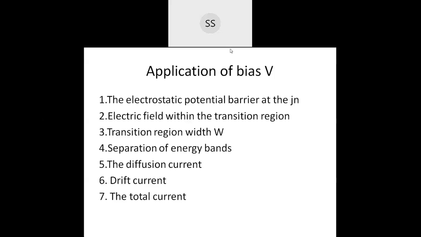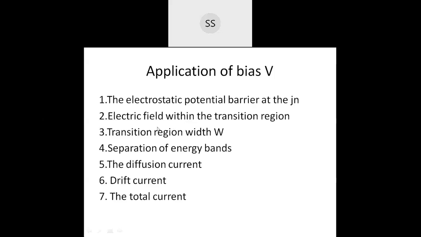So what is the result of this applied voltage? This applied external voltage's main effect is that it changes the electrostatic potential barrier and also the electric field within that space charge region. Because of this, there are various changes in the components of the current across the junction.